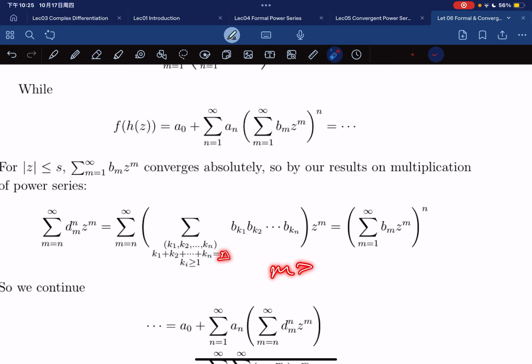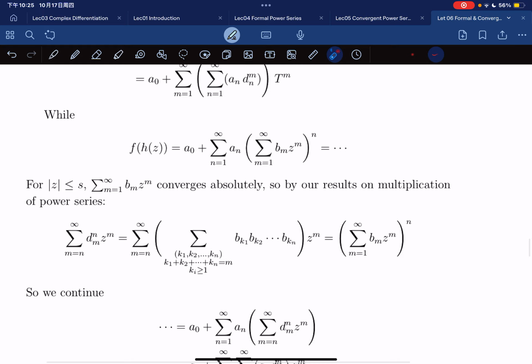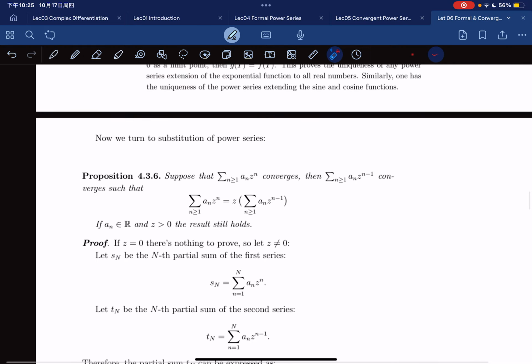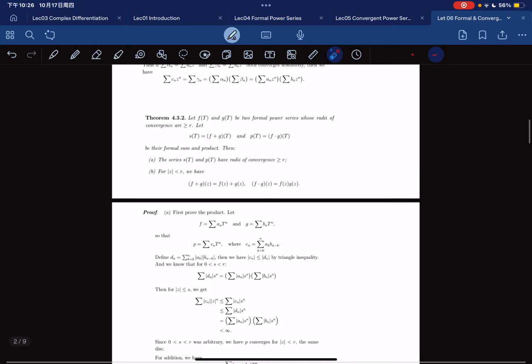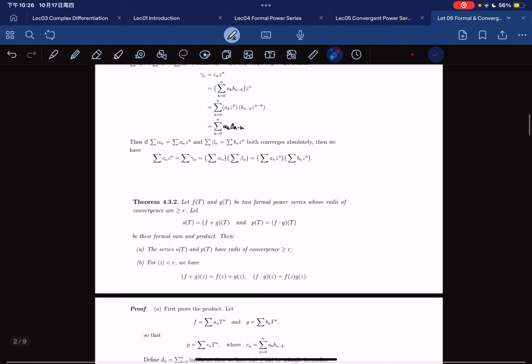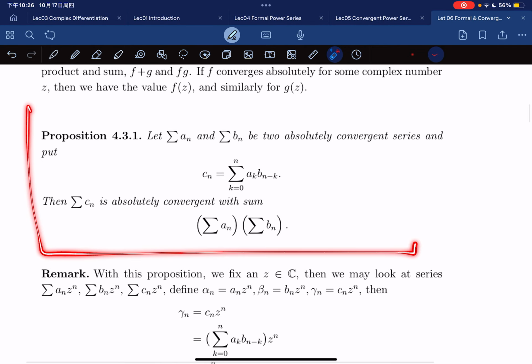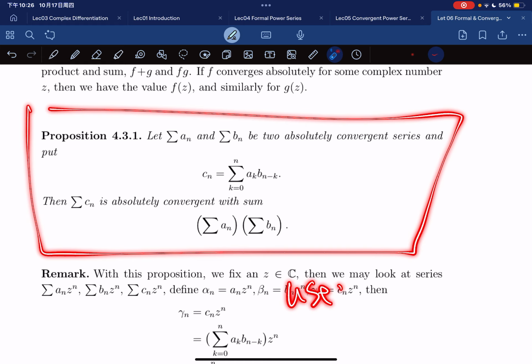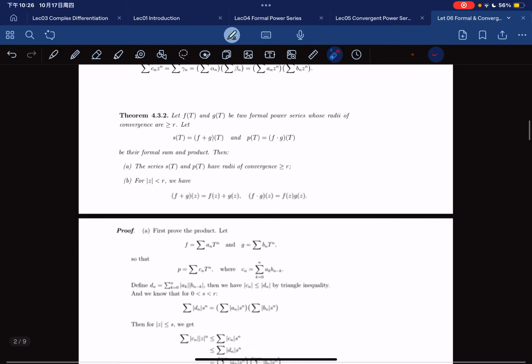This is the Cauchy product of this power series with itself n times, and this thing here, the sum of z^m, converges to this multiplied with itself n times. We just use this result. What happens is that we're essentially using this result, and we use it multiple times.